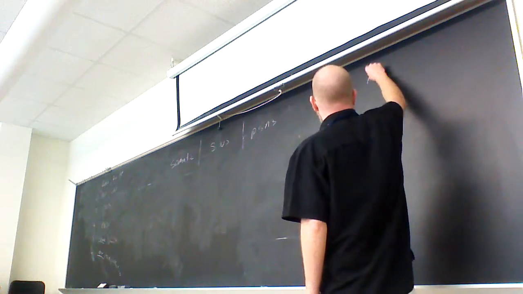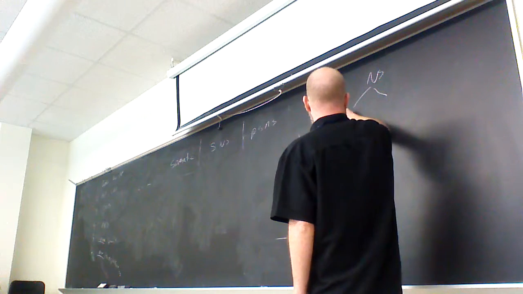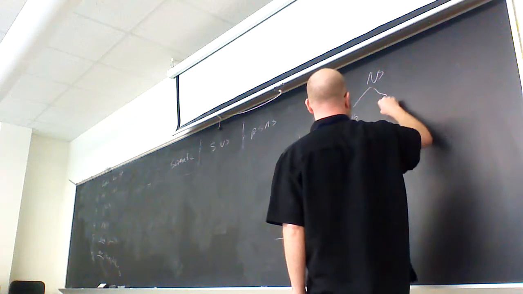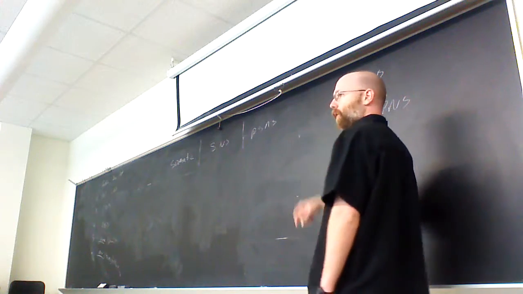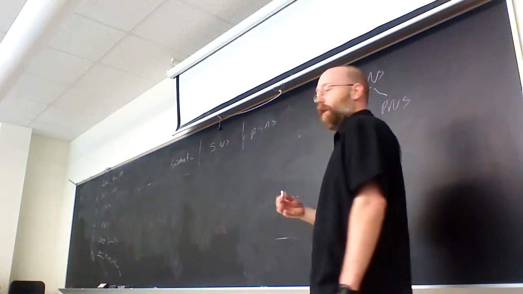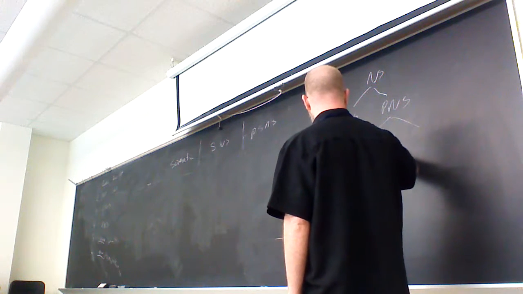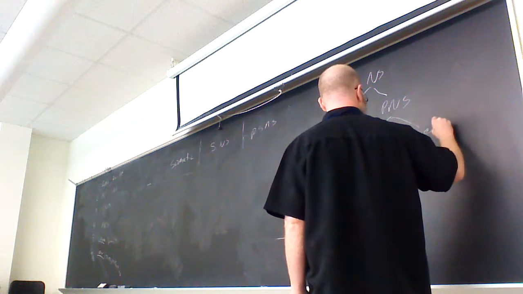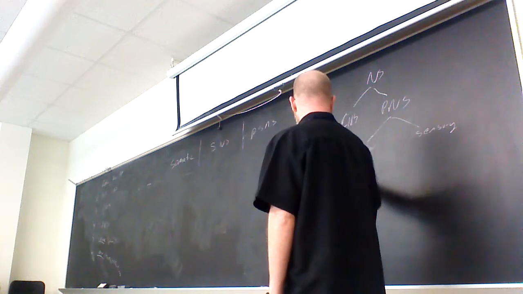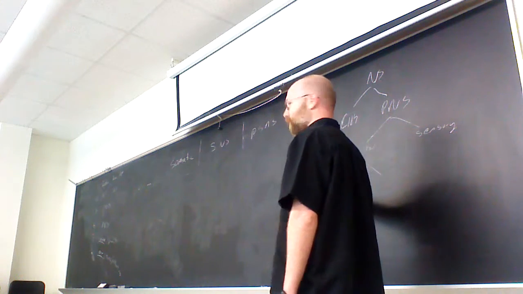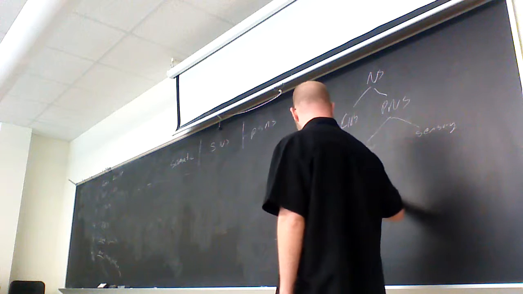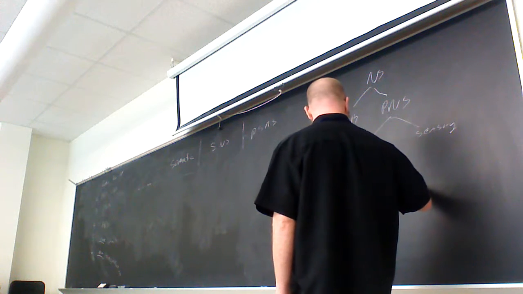We said the nervous system is split into the central nervous system and the peripheral nervous system. We said we're going to divide this up into motor and sensory. We divided motor into somatic and autonomic.